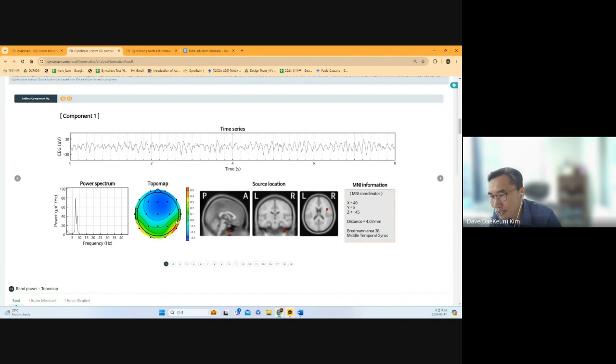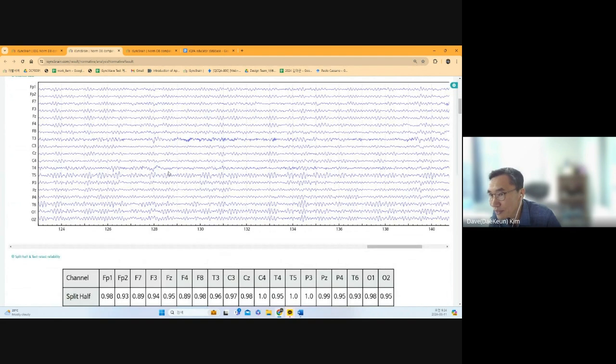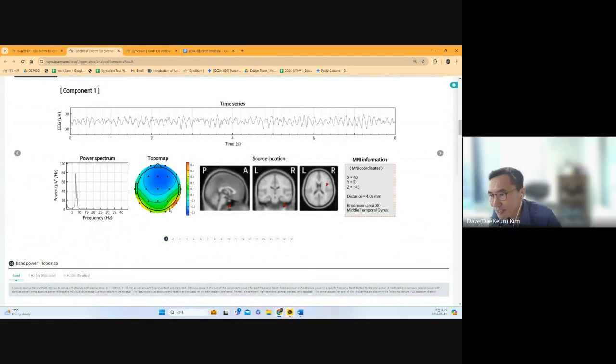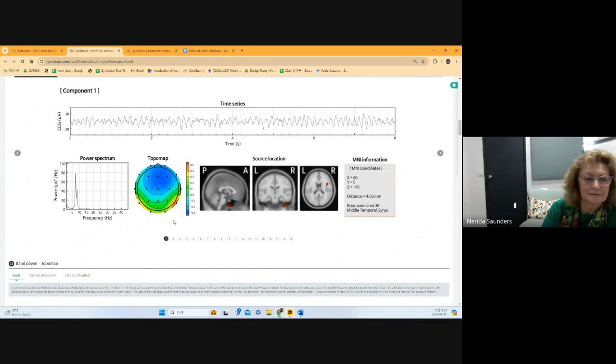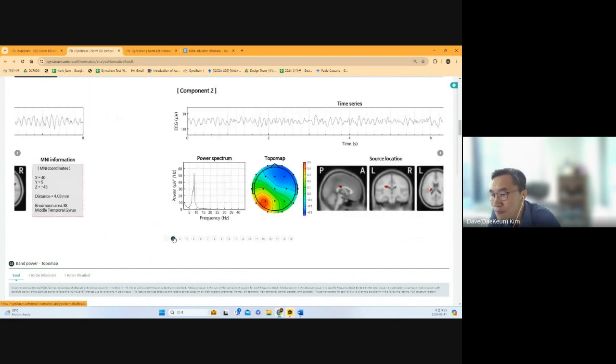So we have the largest amplitude in T6 in this case, but we have the T5. I see T5 a little bit larger, but T6 is larger here. But we combine all the components to make the sensor level signal, so we have to look at another component too.